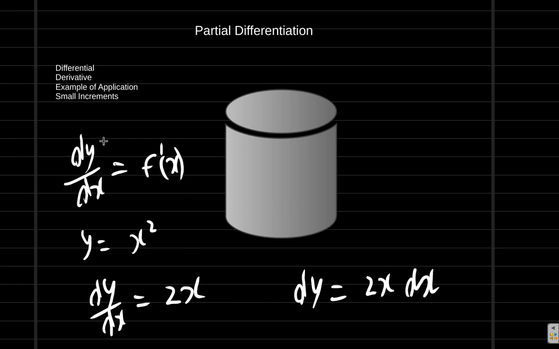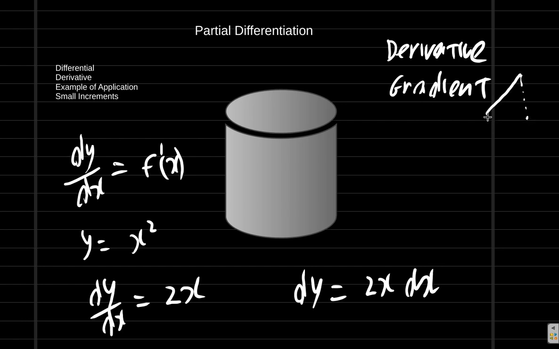Now, dy by dx is itself a rate of change. This is called the derivative. It's really the slope or gradient of a tangent. It tells you how much y changes as x also changes, alright?